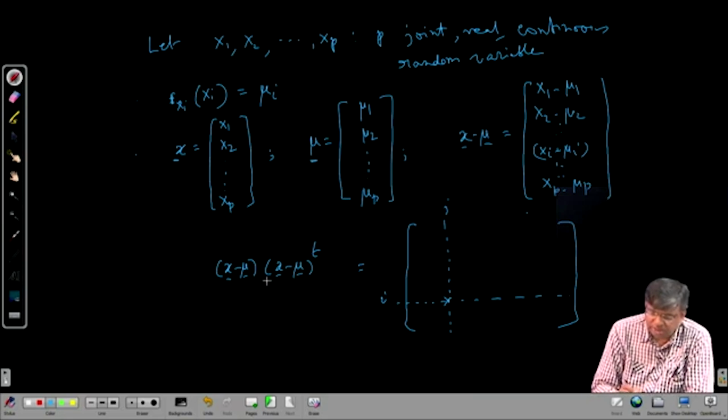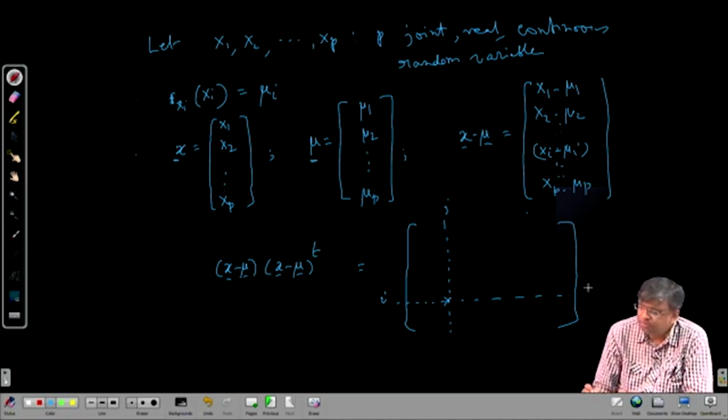If you see the way this matrix is formed, this is a vector, it is a row. So, first element into first element of this, first element into second element of this, first element into third element of this, that is how the first row is formed. Then second element into first element, second element into second element, second element into third element, dot dot dot, there is the second row. So, how is the ith row formed? The ith element times the first guy, that is here first, the ith element times the second guy, that is here second, like that.